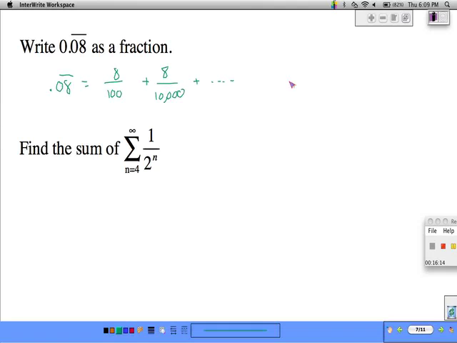This is a geometric series with a common ratio being 1 over 100 and a first term being 8 over 100. So this sum is 8 over 100 divided by 1 minus 1/100th, or 99 over 100. So 0.08 repeating can be written as 8 over 99.